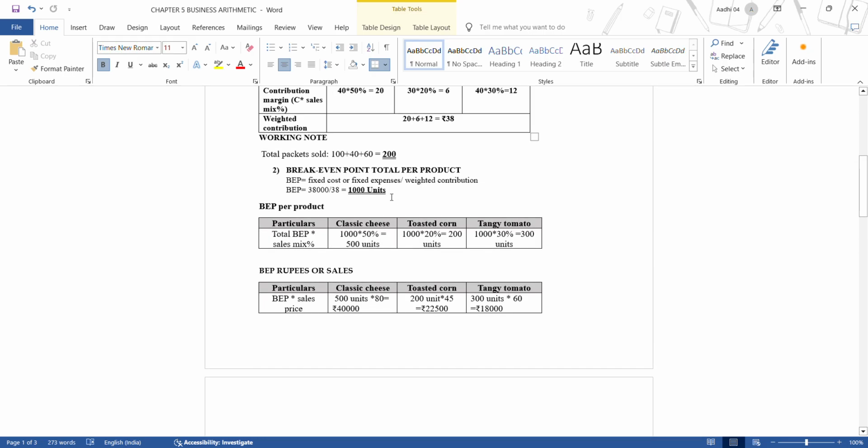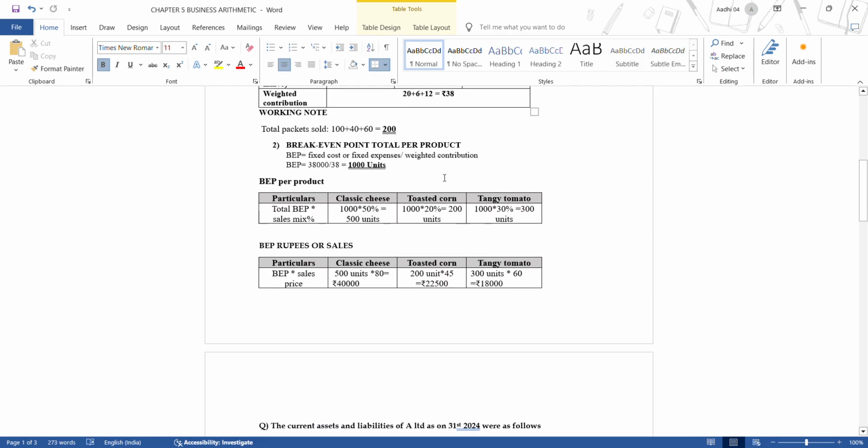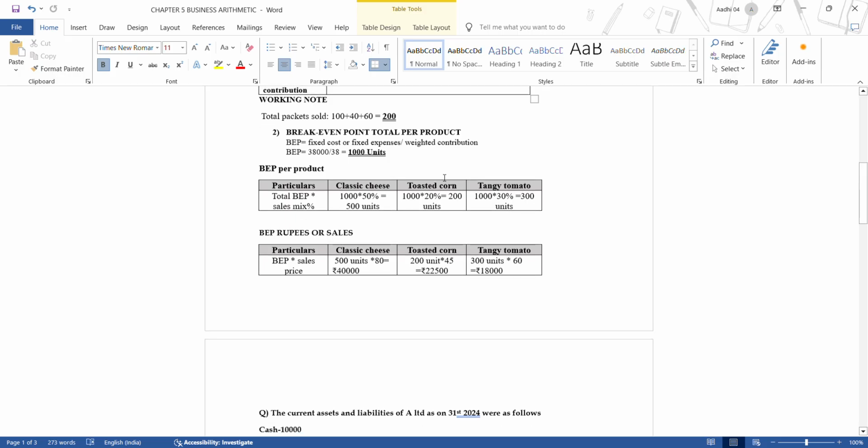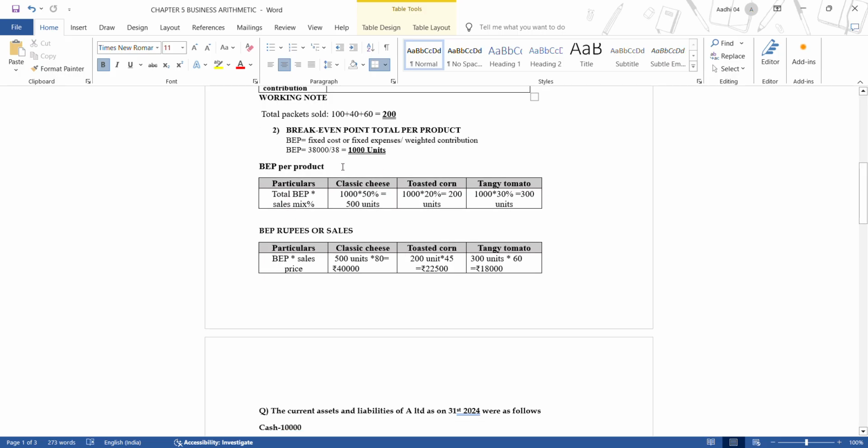So again, what is the formula to find break even point for multiple products? That is fixed cost or fixed expenses divided by weighted contribution. And fixed cost will always be given in the question. You need not find any fixed cost separately. Now the next question is break even point per product.